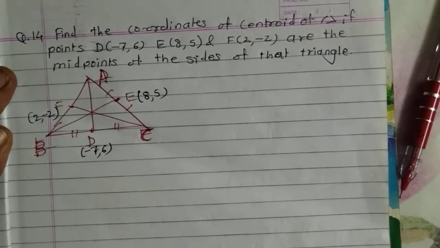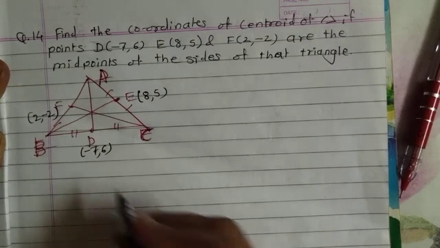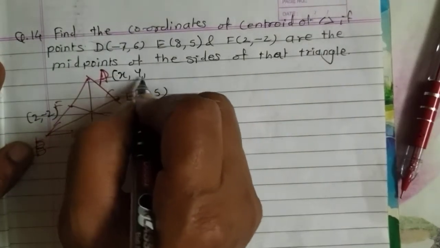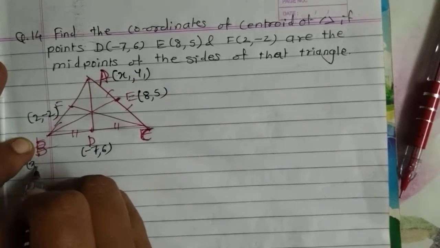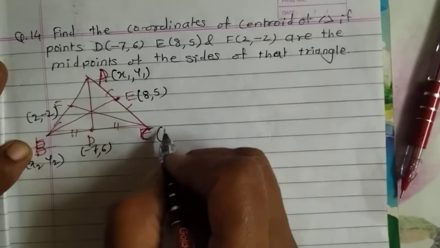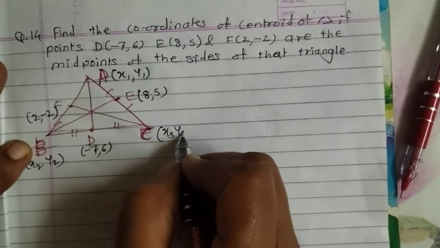Now suppose the coordinates of A are (x1, y1), B are (x2, y2), and C are (x3, y3).